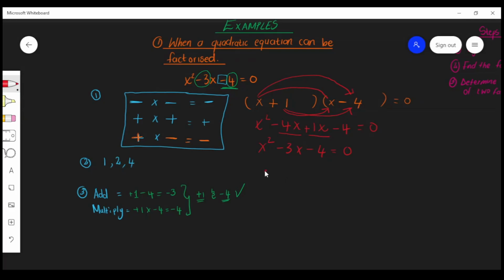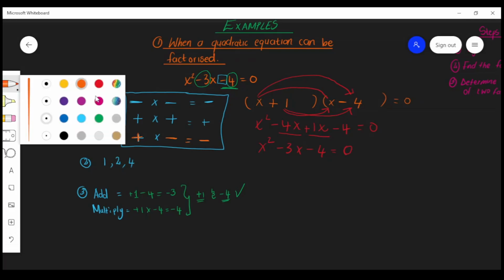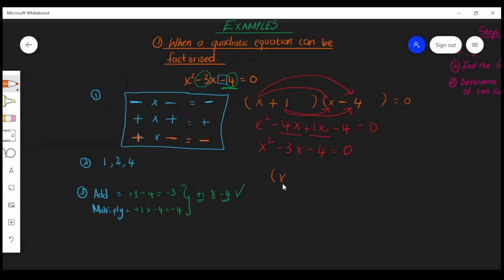Therefore we can continue to solve for x. So we know that this is in fact correct because we've checked by multiplying out our brackets.